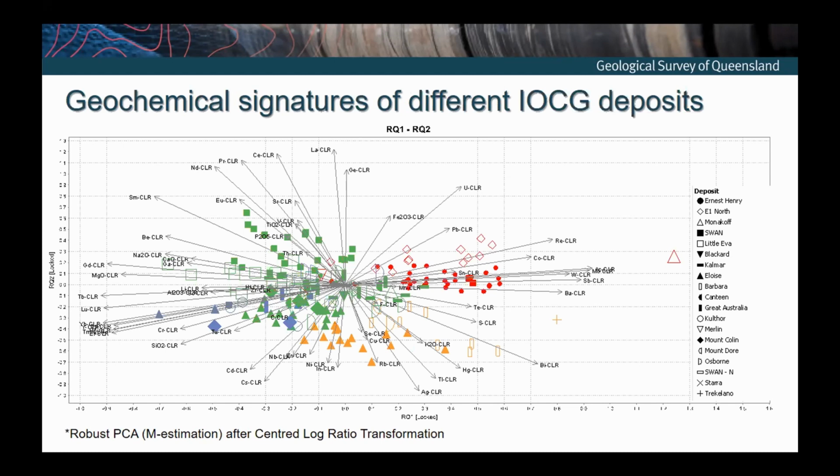But that signature is very typical just for Ernest Henry and E1. Some others, like Swan, are characterized by enrichment in light rare earths. The blue cluster of Caltha has not very significant, not major, but quite consistent enrichment in heavy rare earths. And what typifies the orange cluster is not quite clear.